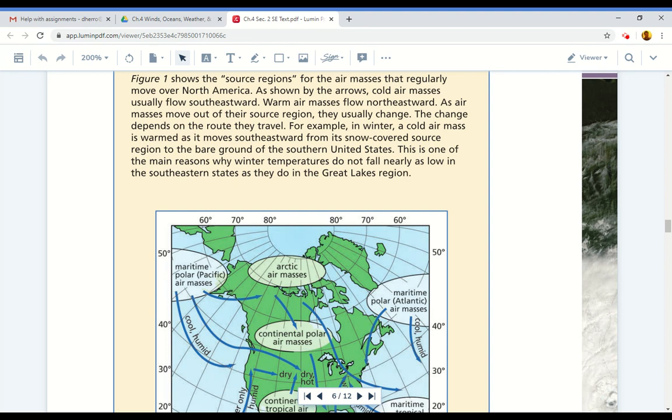For example, in winter, a cold air mass is warmed as it moves southeastward from its snow-covered source region to the bare ground of the southern United States. This is one of the main reasons why winter temperatures do not fall nearly as low in the southeastern states as they do in the Great Lakes region.